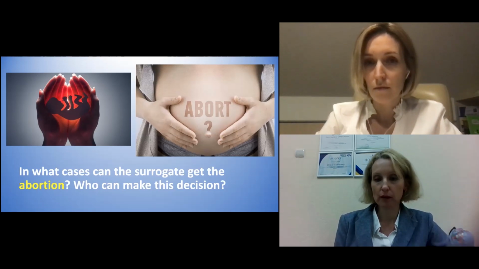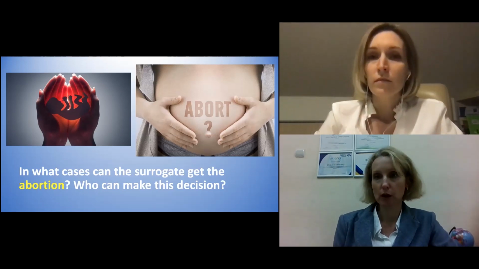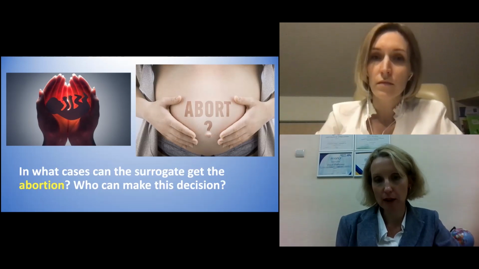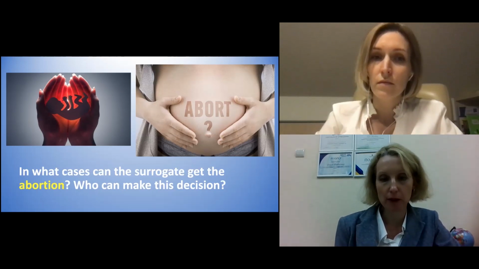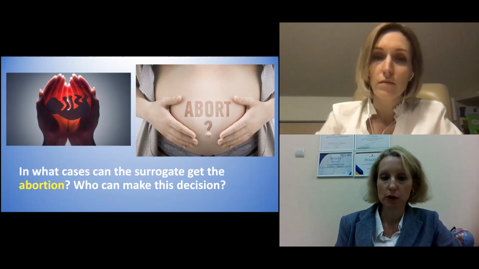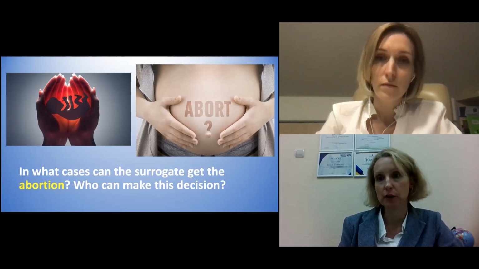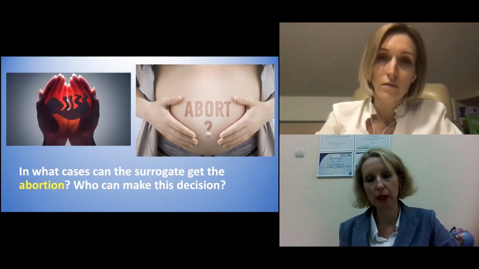If we look at the Family Code, we already know that only the intended parents are considered to be the legal parents of the baby. It is highly recommended to put a clause in the contract which will say that in case some abnormalities are detected in the course of genetic or other screening of the surrogate, the intended parents have the right to take the decision about abortion or continuation of pregnancy.